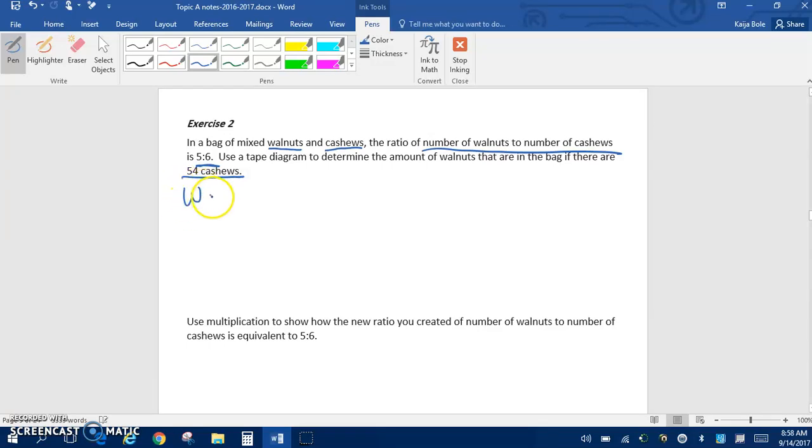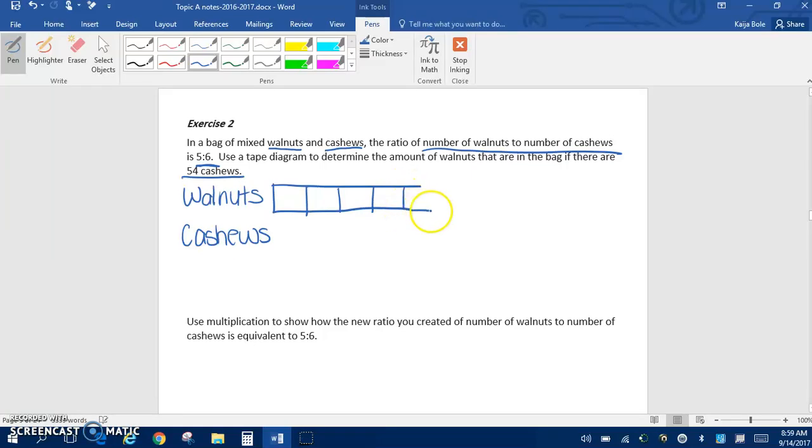So on the side we're comparing walnuts and cashews. Alright, and we said that the ratio here is 5 to 6. So walnuts gets 5 boxes. Let's go ahead and draw that in.